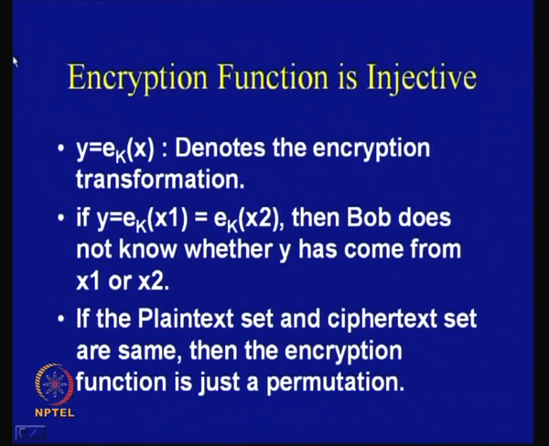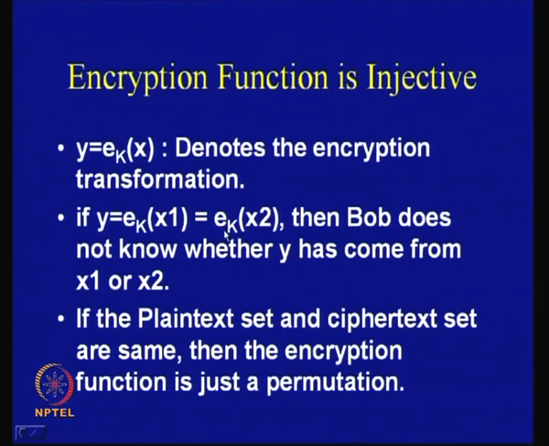So that means that the encryption function should be injective, right? Suppose that y is equal to e_k(x) is the encryption transformation, and imagine that there are two different x1 and x2, which are distinct, they are not equal, and if you encrypt them using the key k, you obtain y in both cases.